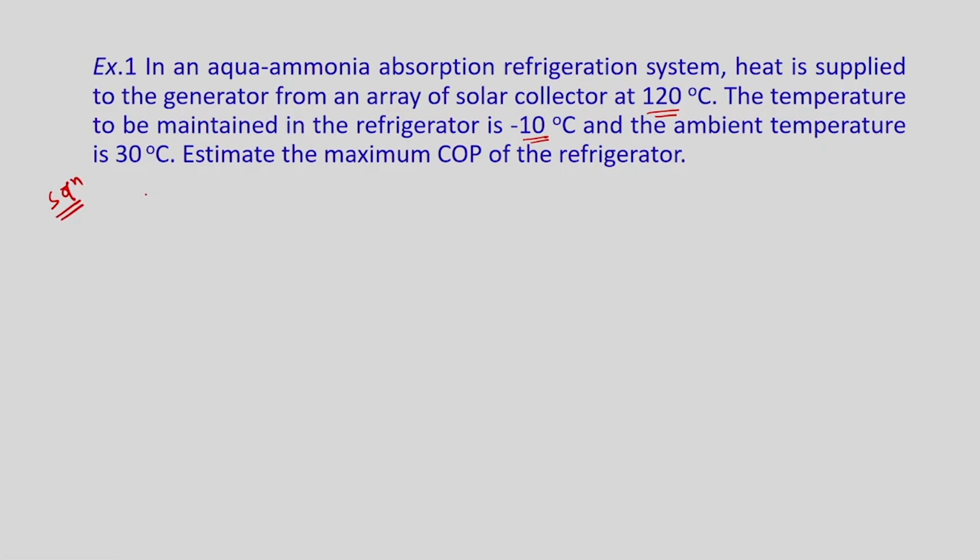So, here what is T1? T1 is nothing but the source temperature, which is 120 degrees C, and we have to convert to Kelvin, right. So, 120 plus 273 is 393, that is in Kelvin.